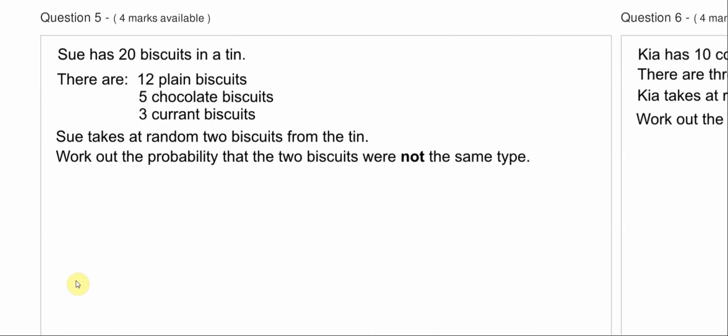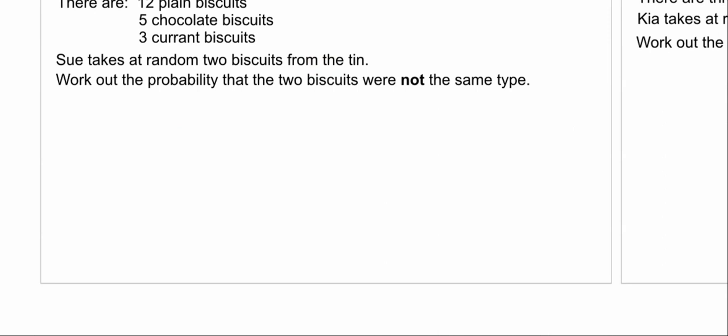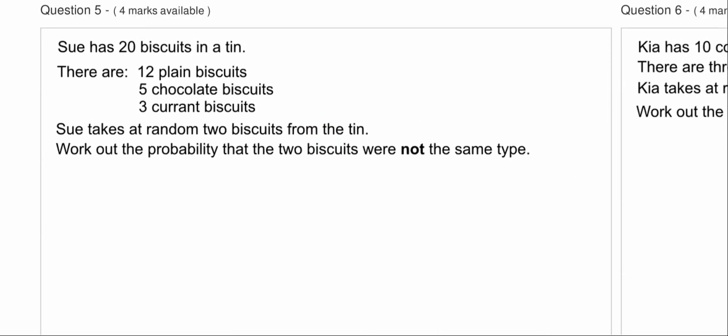Okay, final 2 questions. This was a kind of a 3 strand one. Makes it a little bit harder. So right now the probability of a biscuit is 12 over 20. Do not simplify. The probability of a chocolate biscuit, I'm going to put plain.